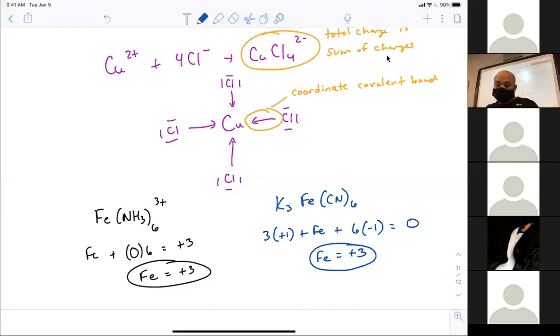So they do want you to be able to calculate the total charge or the charge of an independent ion in there. You're just adding all the charges of the ligands and the transition metal together. Questions on that?